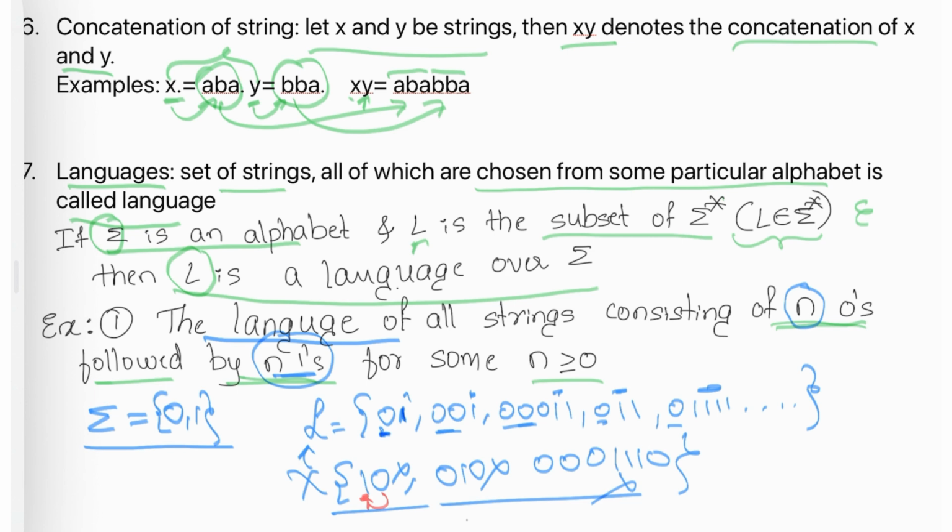Actually, our constraint is n number of zeros followed by n number of ones. So after the 0s only the 1s should come. So this is the right possible one and this is the wrong possible one for the given language. Therefore the language is this, where it belongs to certain conditions on this summation, that is combinations of zeros and ones.